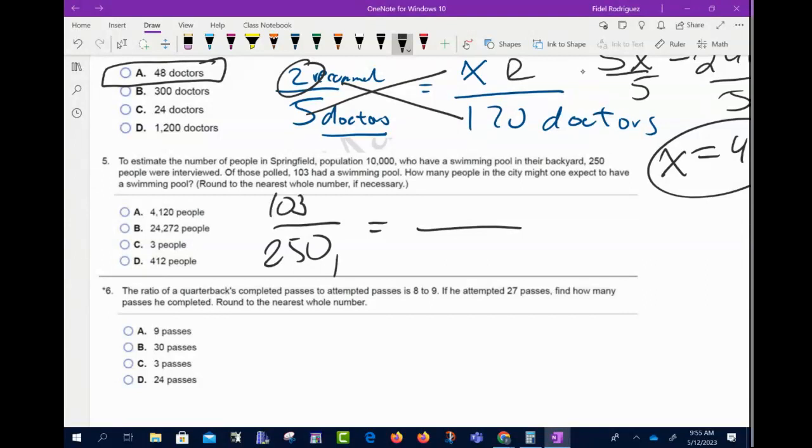So look, this is going to be people. That's going to be pool. Do we know how many people live in Springfield? 10,000. That's 10,000 people. We don't know how many of them have a pool.